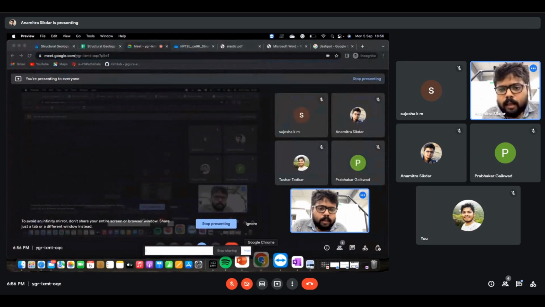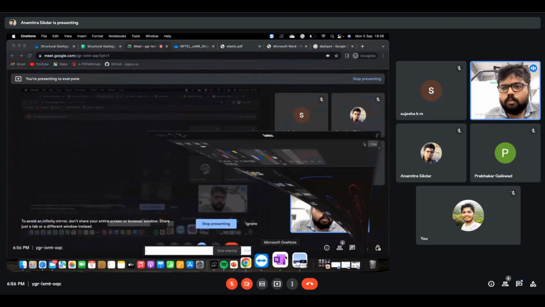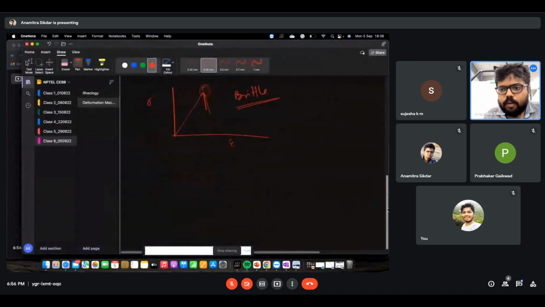So yeah, I will now go to the different kinds of recrystallization that happen, right? Suppose you have an aggregate of quartz. When you deform a quartz grain, what will happen?